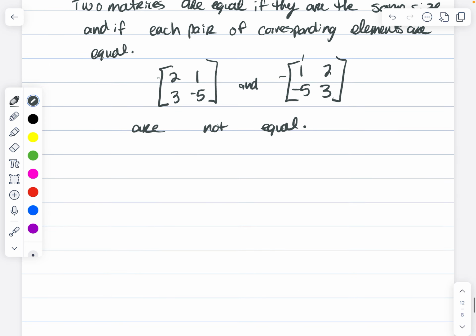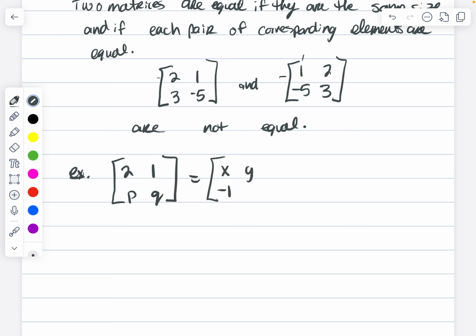All right. But let's say we do have two matrices that are equal. I tell you they are. Then from here, we can define some things. Number 1, we can say x is 2. We know that y is 1. P is -1 and Q is 0.